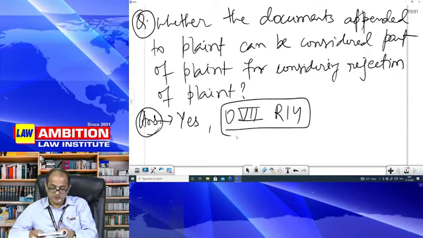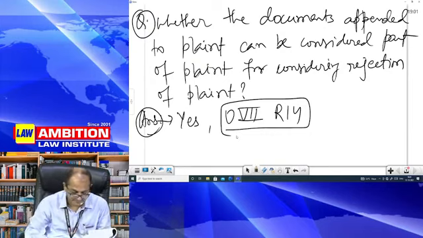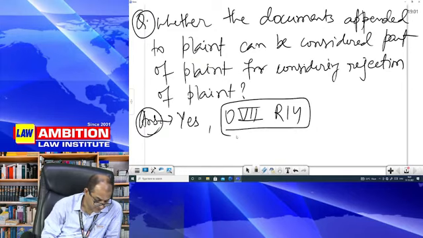Where a plaintiff sues upon a document or relies upon a document in his possession or power in support of his claim, he shall enter such document in a list and shall produce it in court when the plaint is presented by him, and shall at the same time deliver the document and a copy thereof to be filed with the plaint. So the document is to be filed with the plaint.